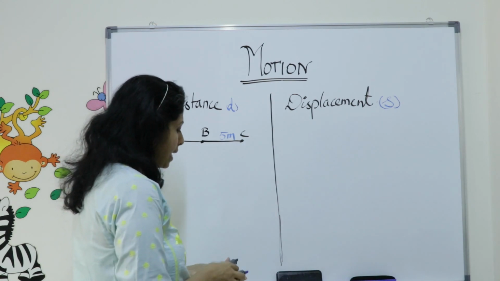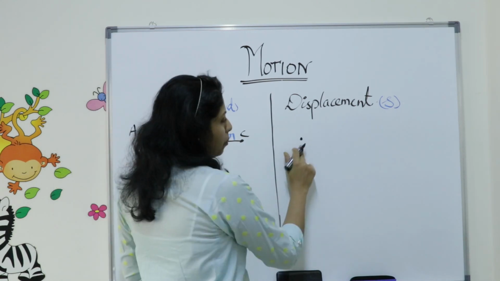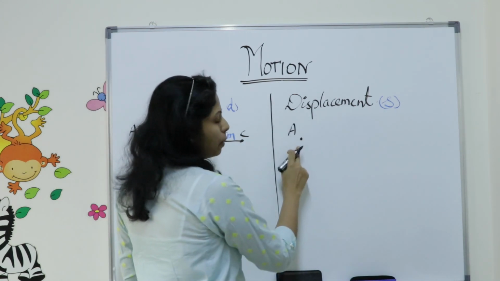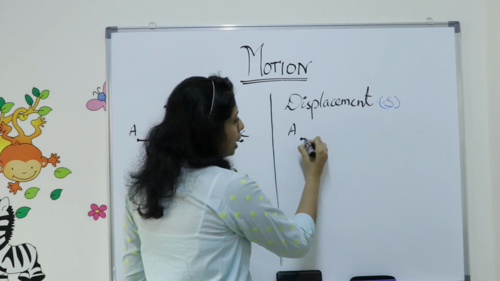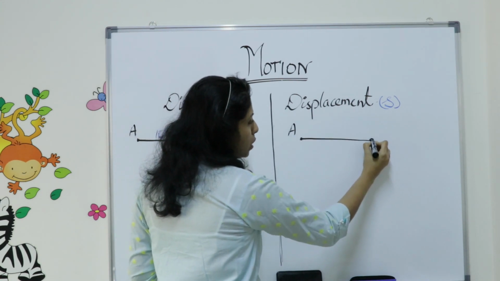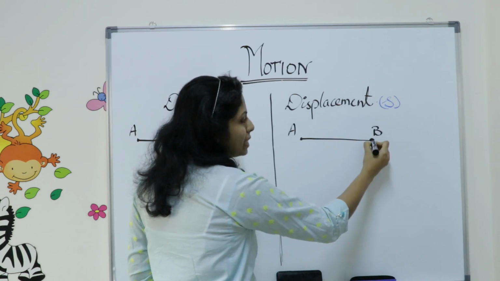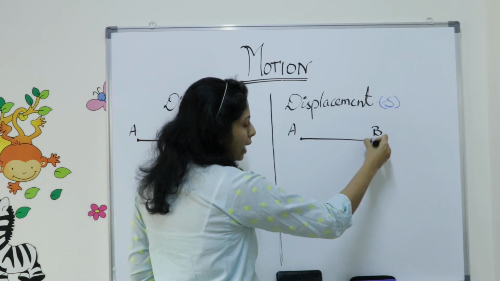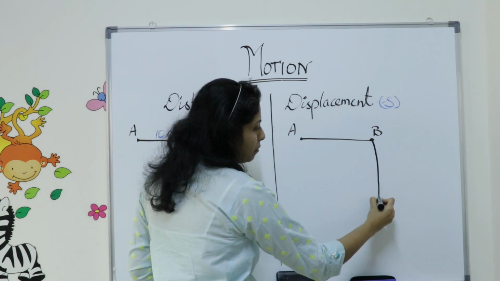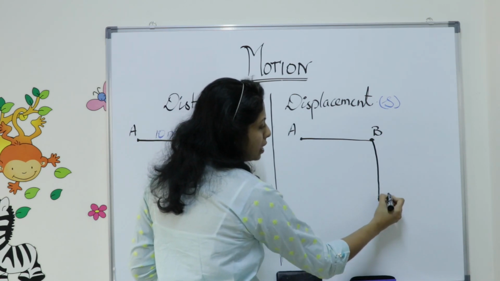Similarly, let us take another example. If an object from point A moves to a point B and again changes its direction and moves to a different point C.